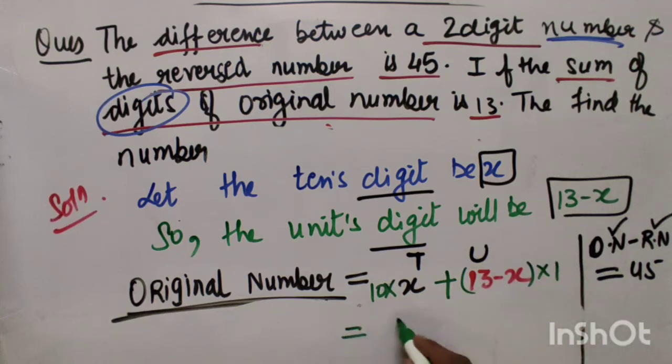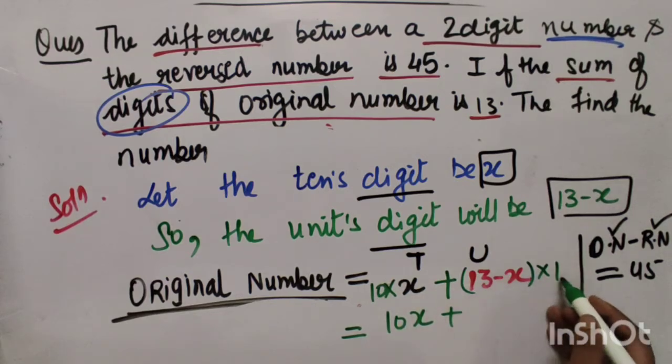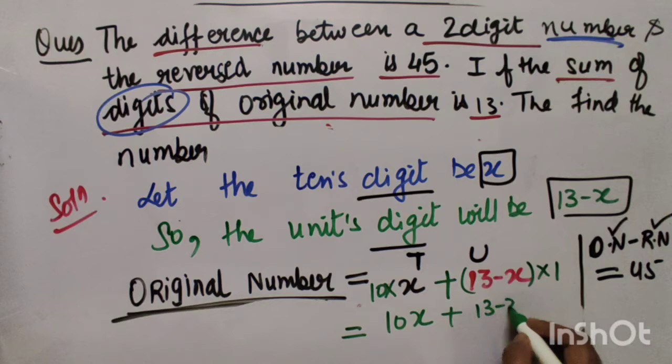So 10 into x will be 10x, and anything multiplied with 1 will be that only. So now we can see 10x plus 13 minus x, that is 9x plus 13. This is the way we can get our original number.